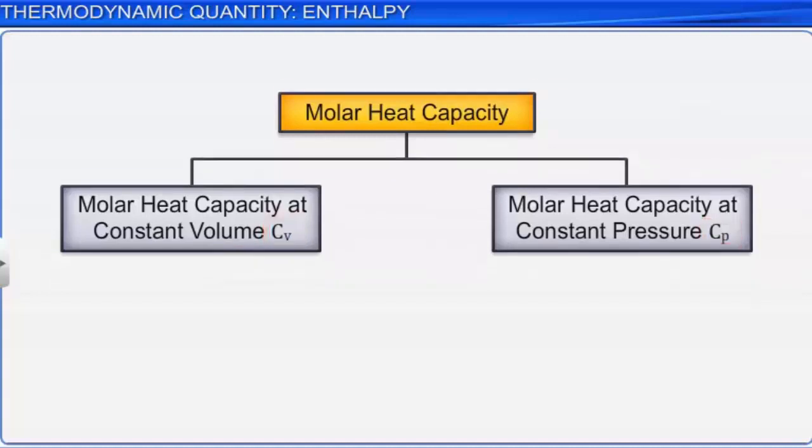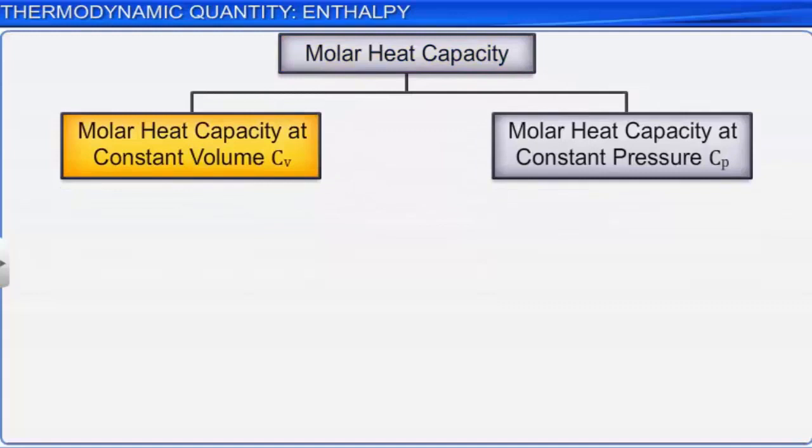We learned that heat, Q, is the product of heat capacity and change in temperature, delta T. Therefore, at constant volume, heat Qv equals the product of heat capacity at constant volume, Cv, and change in temperature delta T. But the heat absorbed at constant volume is equal to change in internal energy. Thus, Cv into delta T equals delta U.